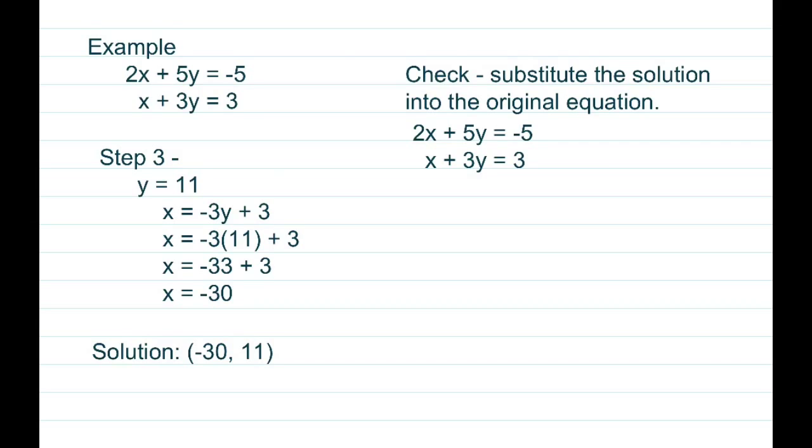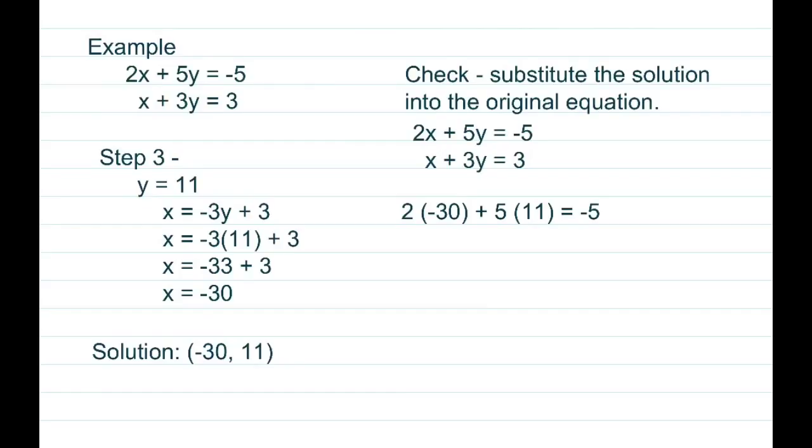To check to see if your answer is right, you need to substitute your answer into the original equations. To do this, you will place the x and y values that you got as your solution, which would be negative 30 and 11, into the equation 2x plus 5y equals negative 5, and do the same for x plus 3y equals 3.